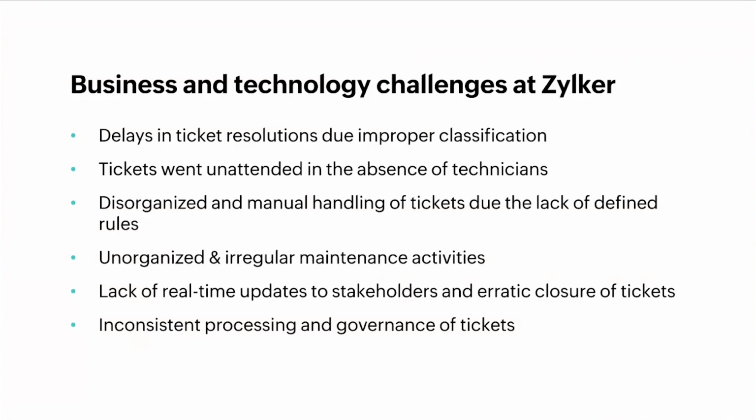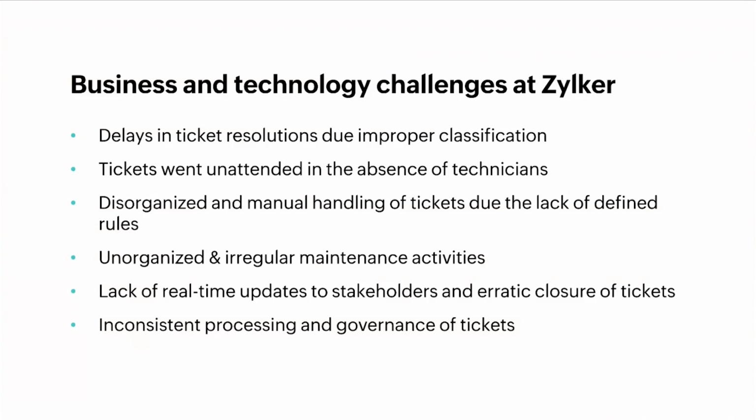This means the ticket takes a lot of time to reach the right talent, the specialist who would be able to resolve it. Added to that complexity is when technicians were absent or on leave, they did not really have a mechanism to track such tickets and assign them to another technician. This disorganized and manual handling of tickets led to a lot of productivity challenges at Zilker.